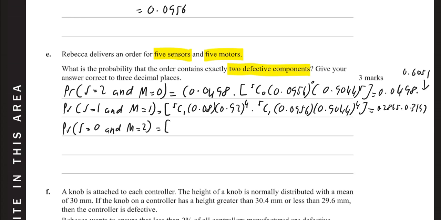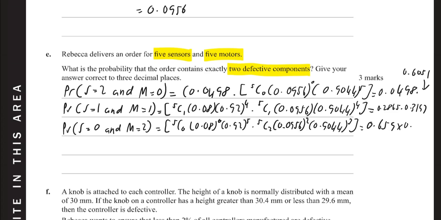For our final combination, we need to find when there's 0 defective sensors and 2 defective motors. And that's essentially 0.08 to the power 0 times 0.92 to the power 5. This is just 1, this whole block. Times 5 choose 2, 0.0956 squared times 0.9044 to the power 3, which is 0.659 times 0.06708.